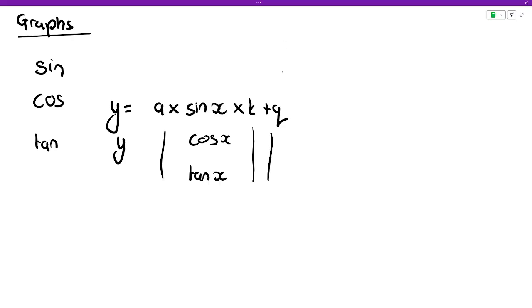Right now, yes, Gabby. Philip said there's no tan graph for tomorrow. Only sine and cos. Okay, well, are we going to trust him? Because I would hope I can trust him.